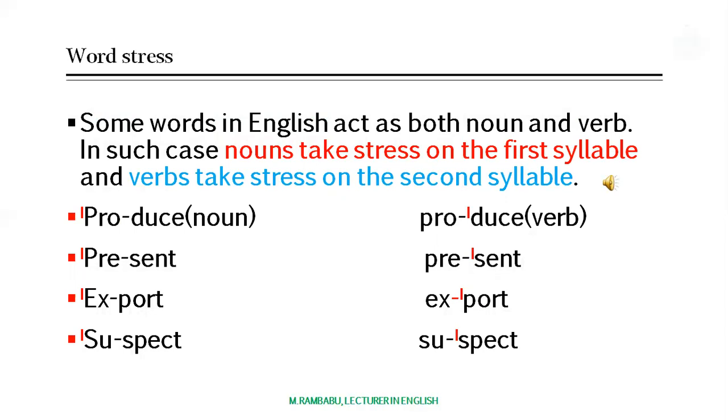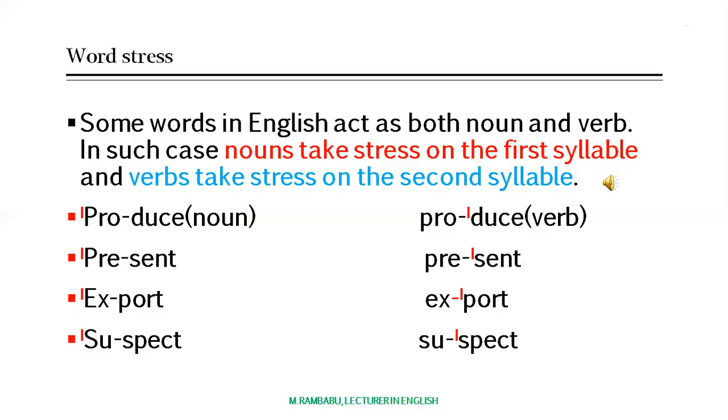Let's go to rule 3. Some words in English act as both noun and verb. In such cases, nouns take stress on the first syllable and verbs take stress on the second syllable. For example, produce.